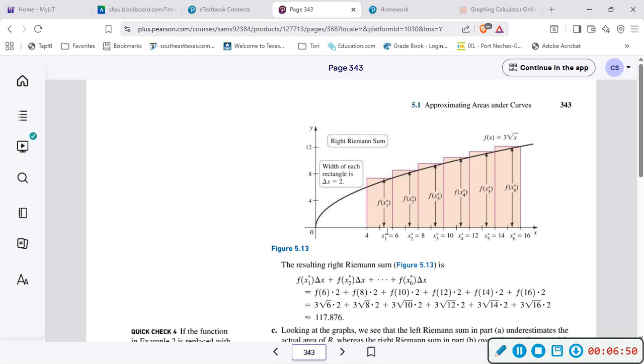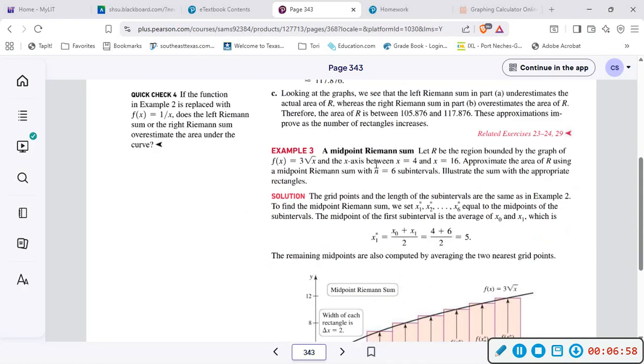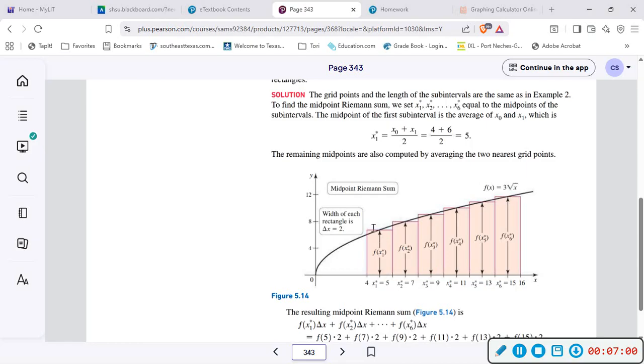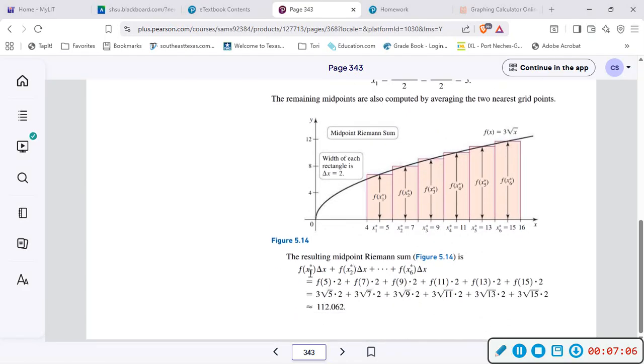Okay, so here it is with the right Riemann sum, same increasing function. Right Riemann sum is going to overestimate. All of these rectangles are going above. And here's a midpoint where you have a little bit above and a little bit below. So the midpoint gives you about an average. Pretty close. And then each page is showing you the calculations, height times the change in x.